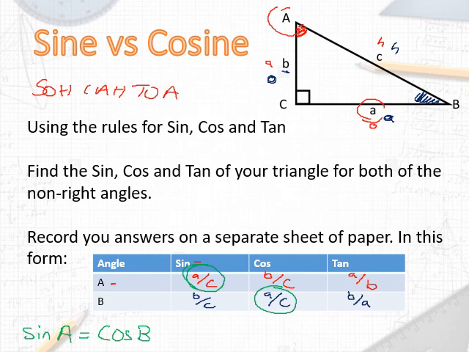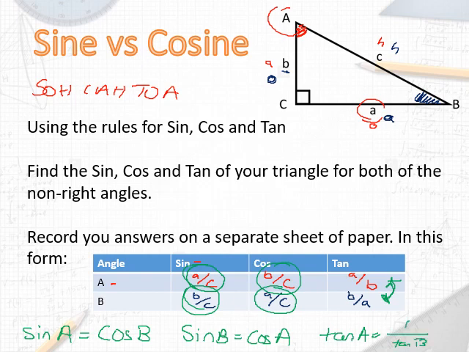Same thing with sine B and cos A. So sine B is equal to cos A. And then with the tan ones, they're actually the inverse of each other. So tan of A would be 1 over tan of B. So that's how you would get it to invert.